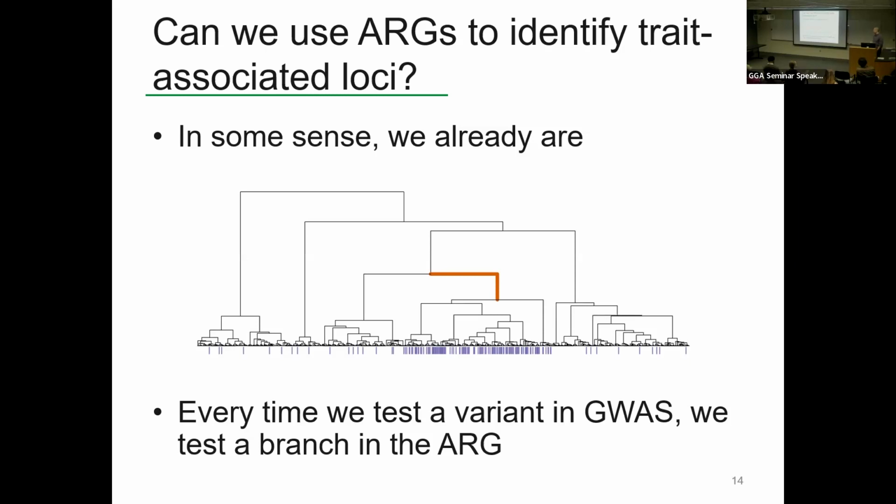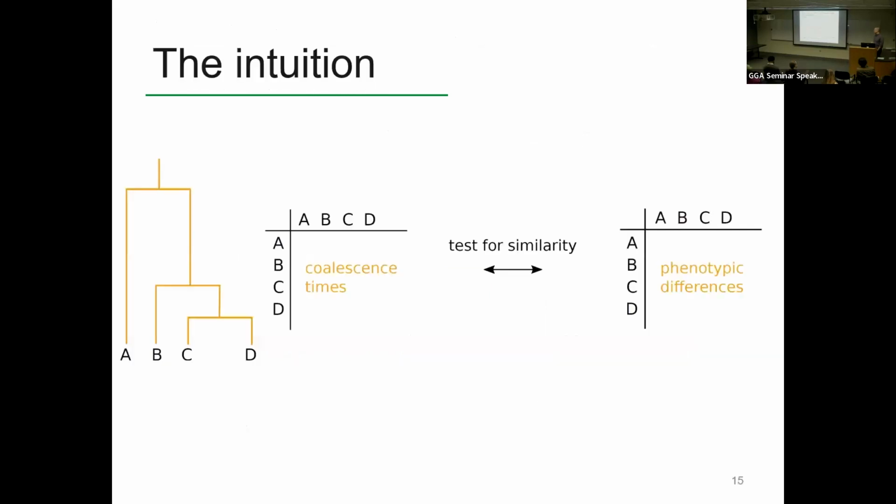And so I'll tell you about the method we came up with. And this is not what we do, but this gives you the intuition for what we're doing. So what you could imagine is if you have a tree like this, any pair of tips here, you have a time when they coalesce, when they share a common ancestor. And you can make a matrix of all those times, right? And that's telling you something about how closely related that set of tips is, if we think about 4 haploid individuals here.